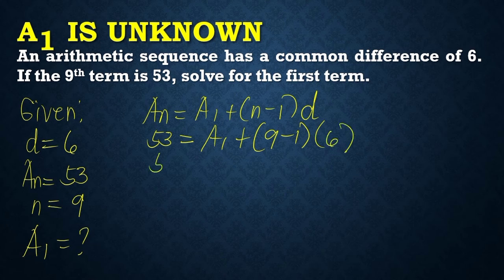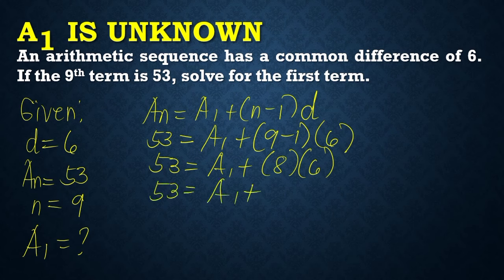So 53 is equal to a sub 1 plus 9 minus 1, that is 8, times 6. 53 is equal to a sub 1 plus the product of 8 and 6, of course, is 48.